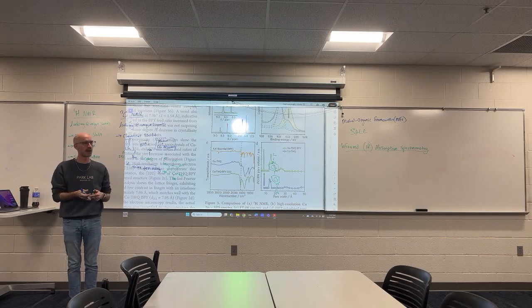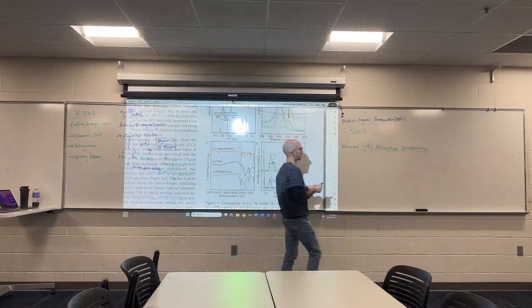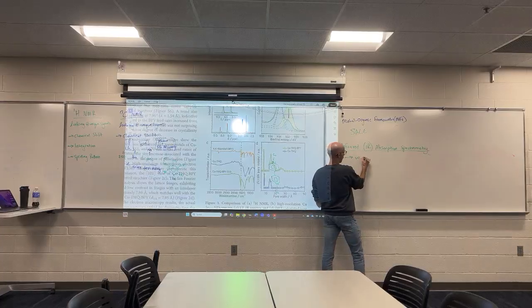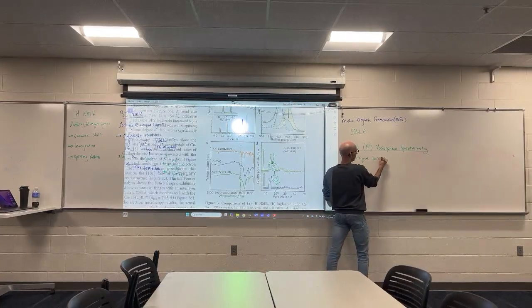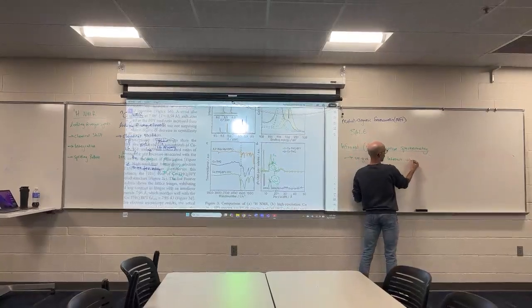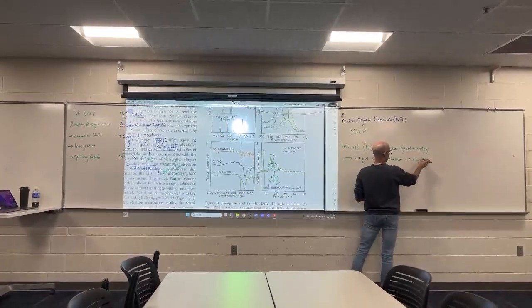I'm looking at how its bond has changed by looking at how it interacts with light. So here's our basis for IR. Unique bonds interact with light in unique ways.